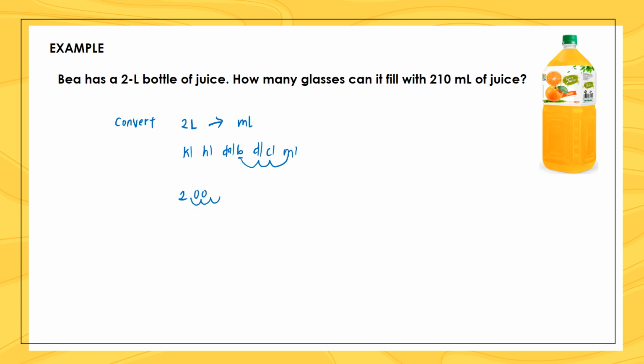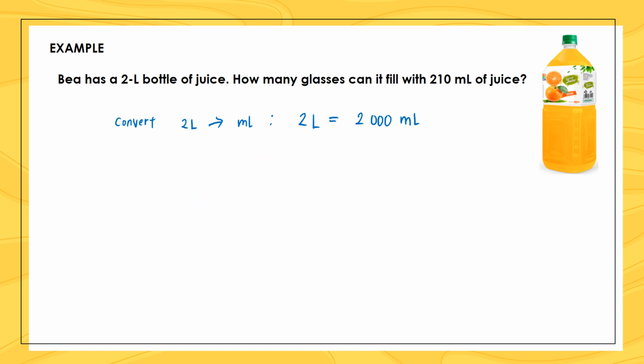And there you have it. You have 2,000, copy your unit, milliliters. Okay, so 2 liters is equal to 2,000 milliliters. And now that we have converted the 2 liters to milliliters, what to do next?